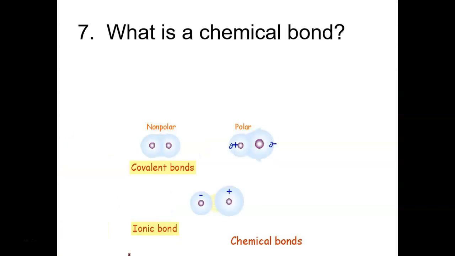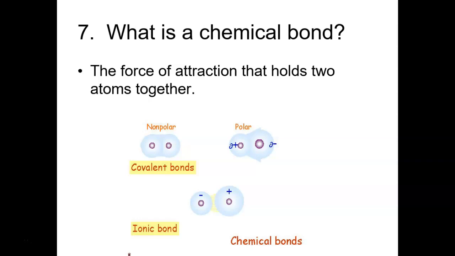All right, question number 7. We've asked what chemical bonding is. We've asked why they bond. Well, what is a chemical bond? It's actually a force. It is not matter, so it is not made up of atoms itself, but is a force that holds atoms together.